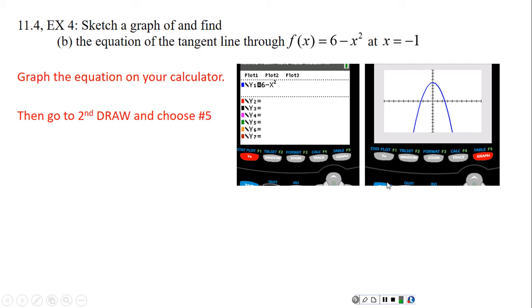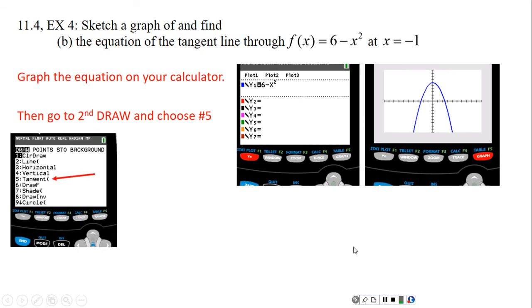So you have to hit your second button, and draw is somewhere in the middle of your calculator behind program. So second draw, it's your program button. Are y'all there? The fifth one down should say tangent. You got it? Second draw, the fifth one down should say tangent. Choose that one, hit enter.